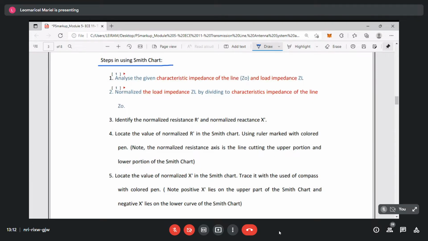First, you need to analyze the given characteristic impedance, your ZO, and the load impedance. That means I will give you the values of the characteristic impedance of the line and the load impedance. They are given.